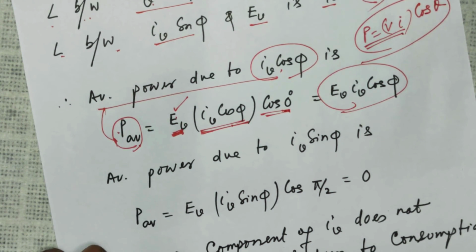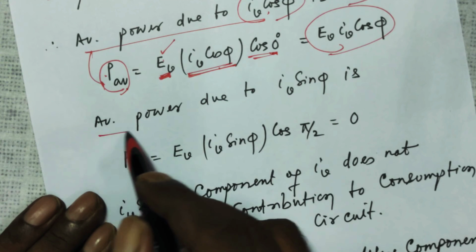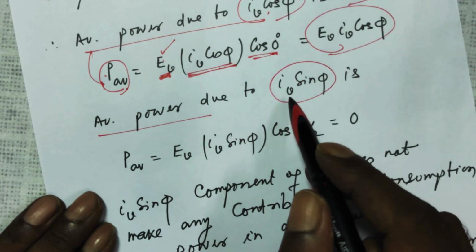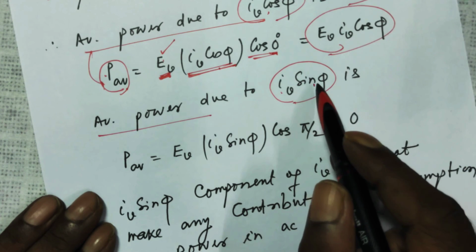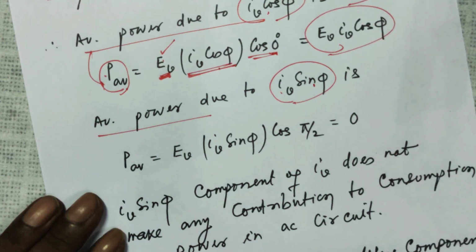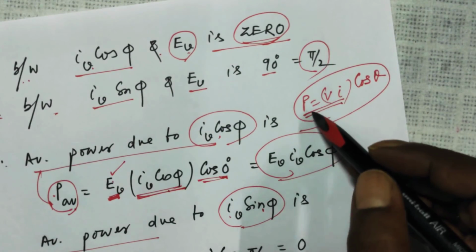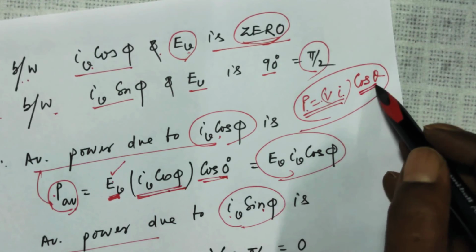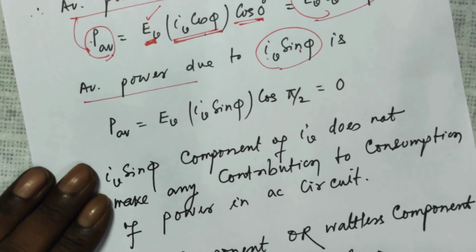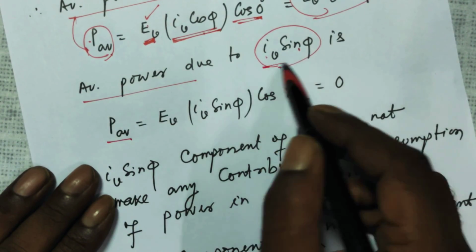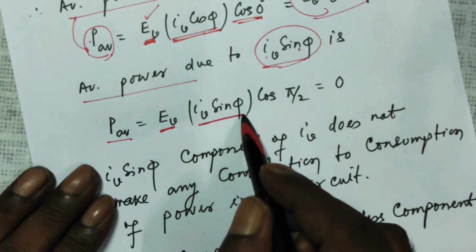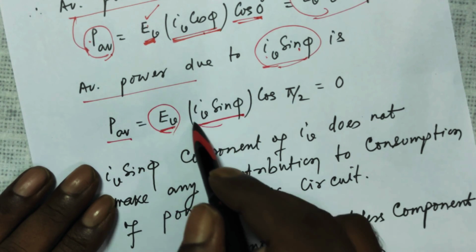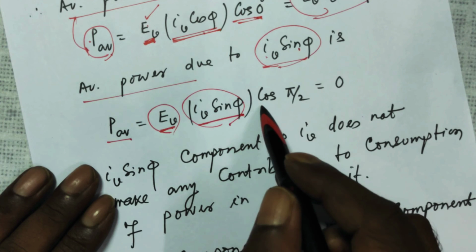Now, similarly, the average power due to the component IV sin phi of the current IV. Using the same formula, power is equal to VI and cos of the angle between them. So your average power due to this will be voltage into current, and the angle between the voltage and this current is pi by 2, cos pi by 2.